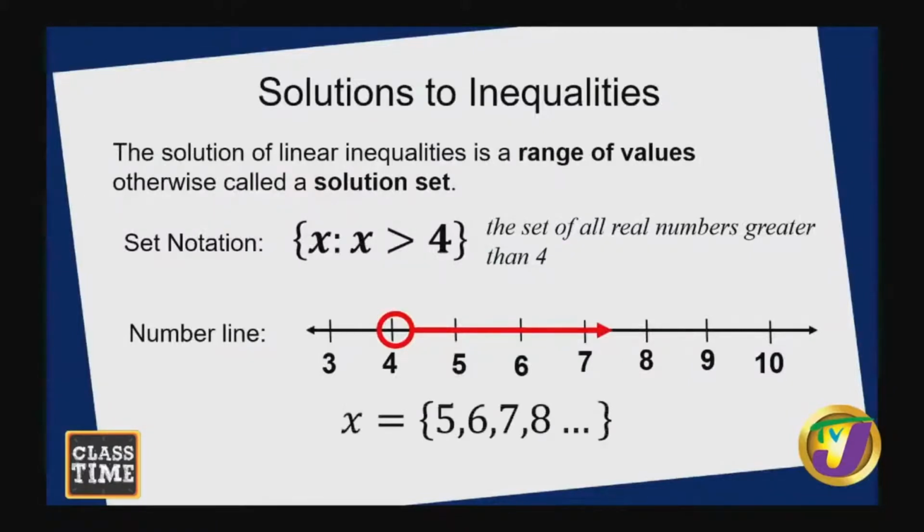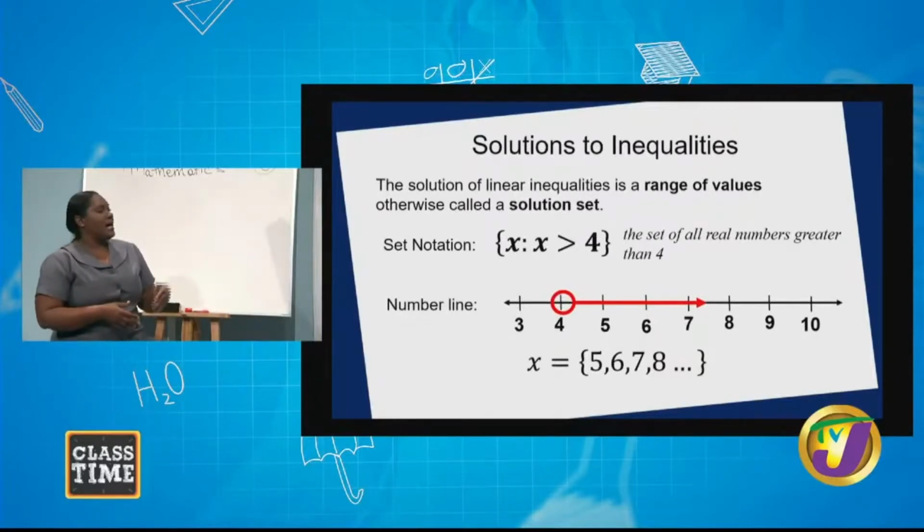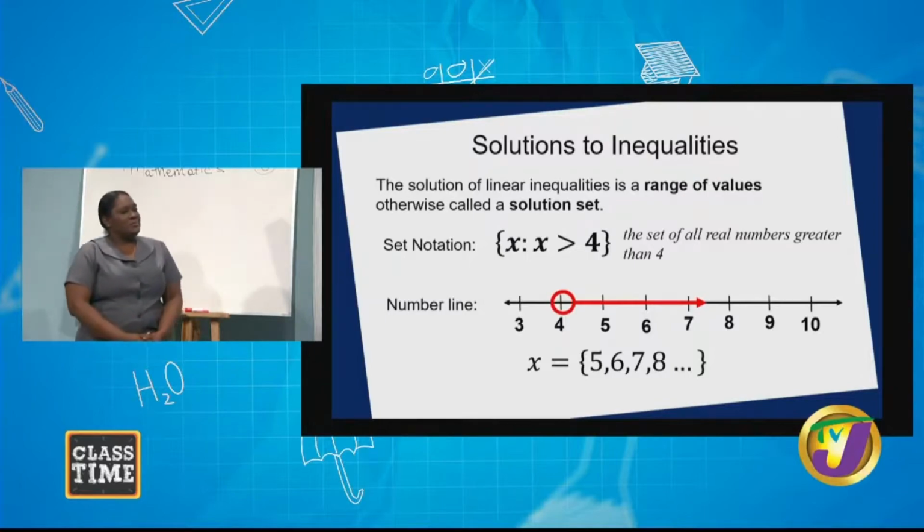We can also choose to list the members of the set. We could use curly brackets to identify the elements of this set. In this case it would be an infinite set: 5, 6, 7, 8, and it continues. If we think about 1,000, it falls in this set. How do I know that this is an infinite set?